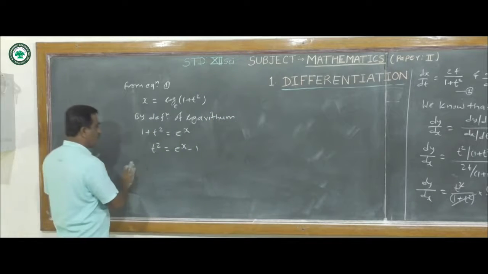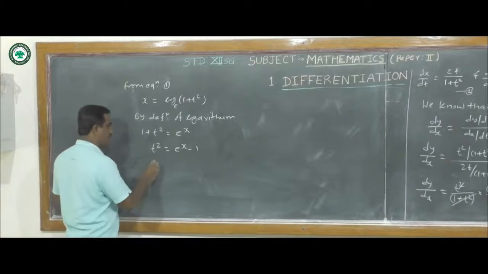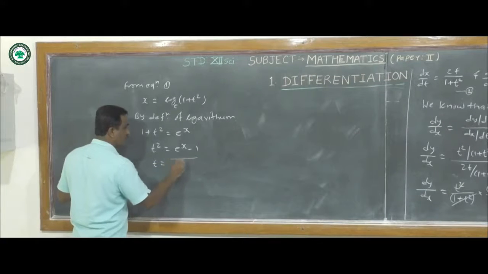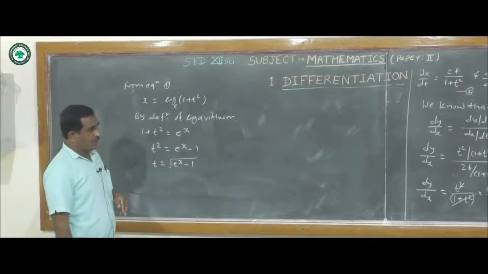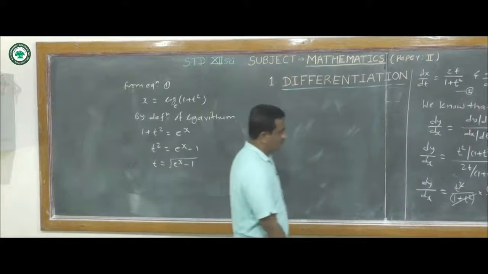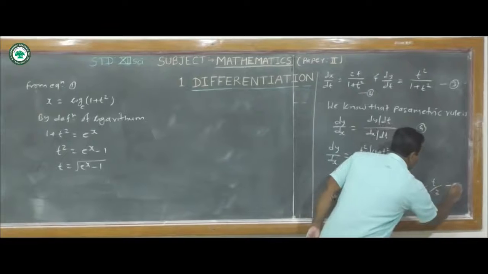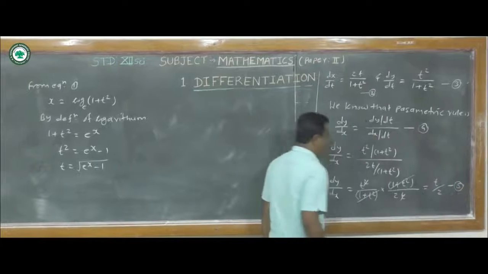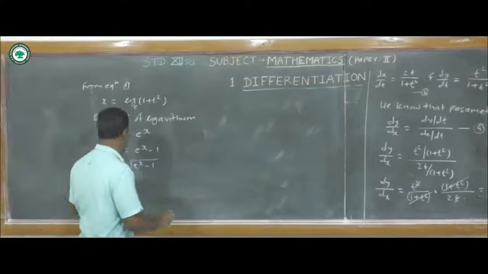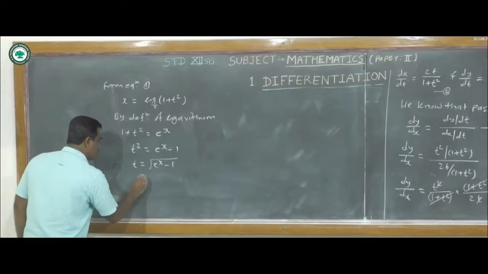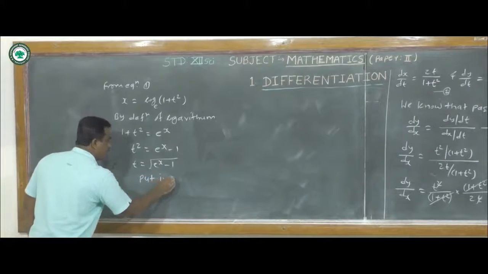Now taking square root on both sides, we can write t is equal to under root e raised to x minus 1. We can call this equation number 5. Put this value in equation 5.